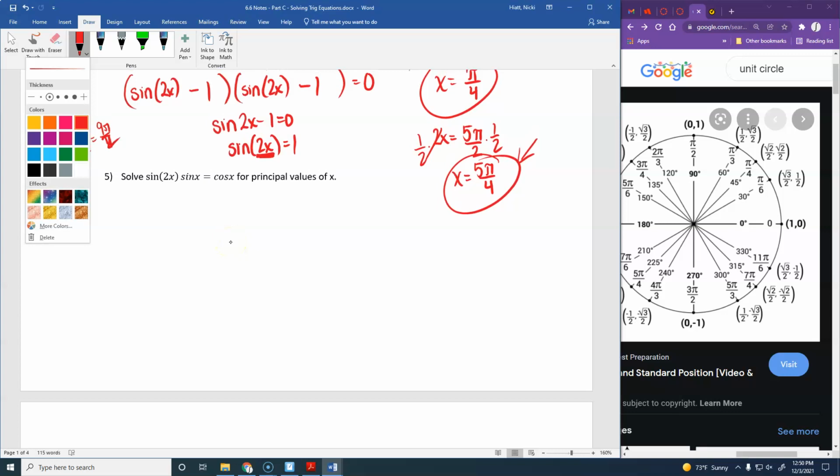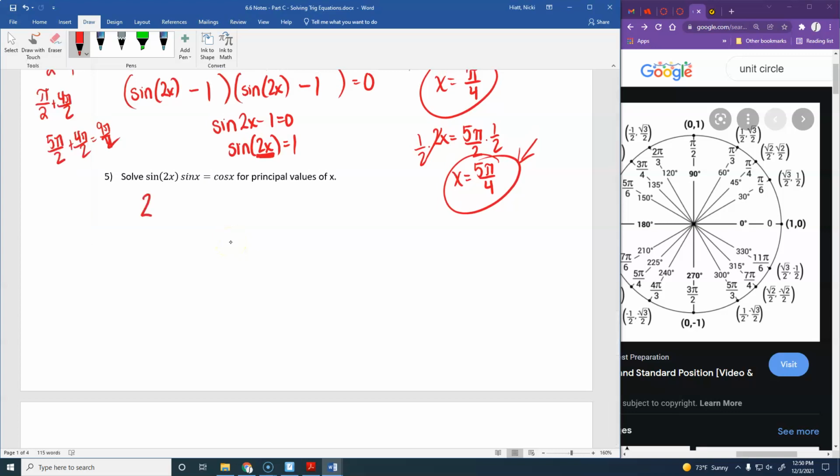I'm going to change sine 2x to 2 sine x cosine x times sine x, and that should equal cosine x. And then all this is multiplied. I can put those two sines right there together and write it as 2 sine squared x cosine x equals cosine x.